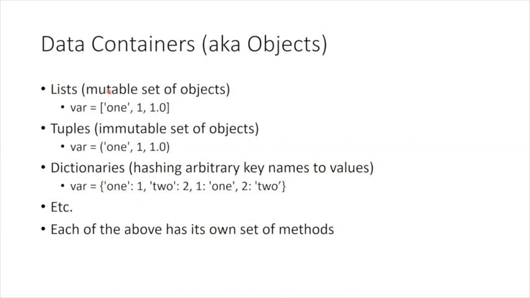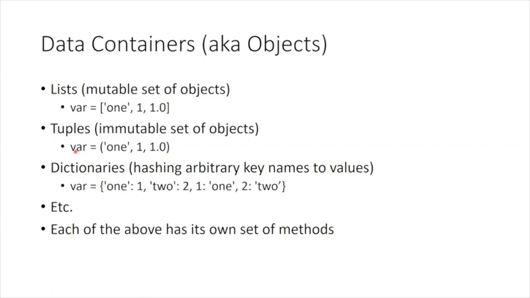What that means is that when you instantiate a list, you can change it dynamically after it's been instantiated. In this case, we're setting a list equal to the string 1, the integer 1, and the floating point number 1. And a list is instantiated by brackets. That's very important.